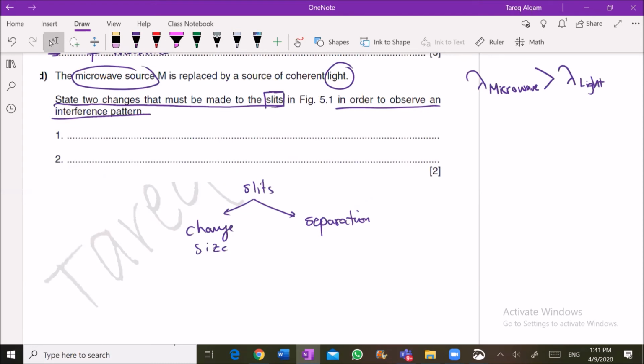Okay guys, for diffraction to happen here, what do I have to do with the size of the slit?